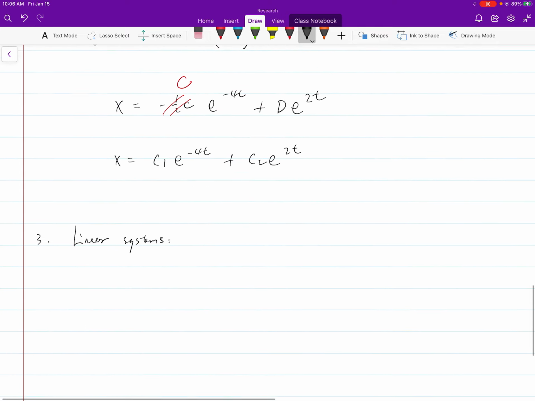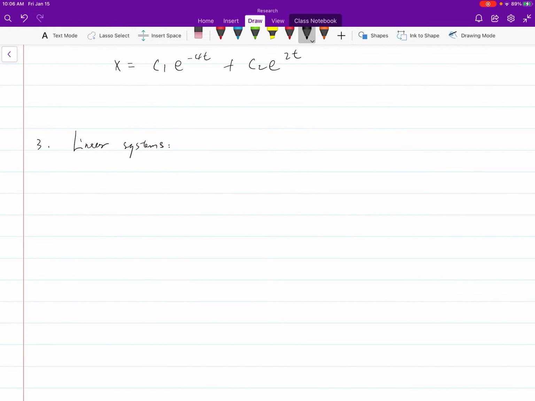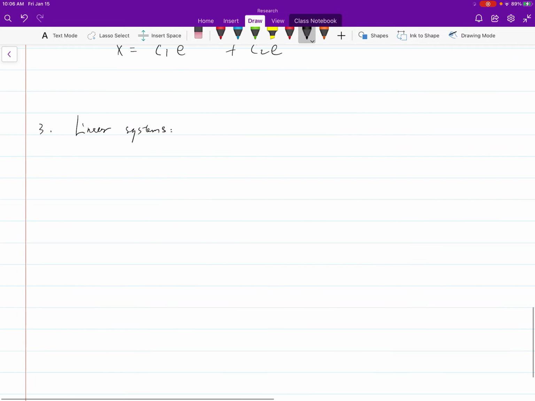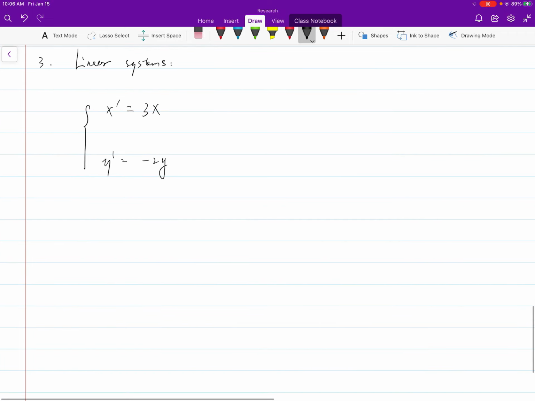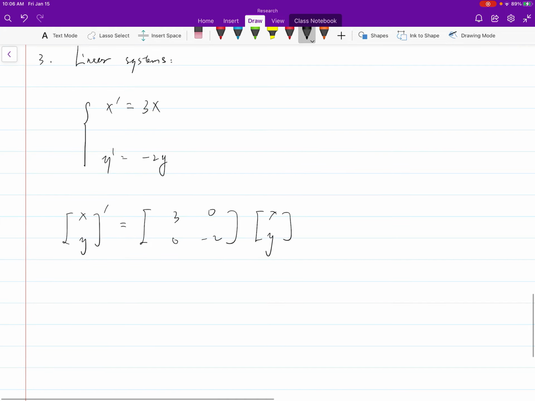The third thing we want to quickly introduce is, if we're solving a linear system, which means a system of ODEs with only linear constant coefficients, for example x prime equals something and y prime equals -2y. We can easily see that this one corresponds to a completely decoupled system.